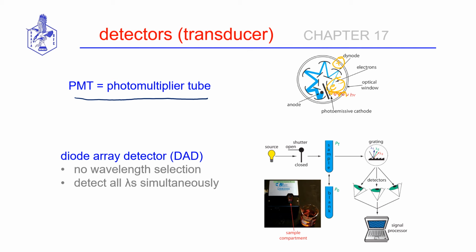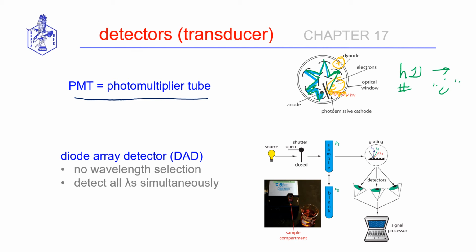So those electrons slam into this dynode, and even more electrons come off that surface, slam into that one, operated at a higher positive potential. This goes on multiple times, so it's amplifying the number of electrons being emitted, and so we get a current. Based upon how many photons hit, that's going to generate a current of a certain magnitude. The more photons that hit, the bigger the current that flows.